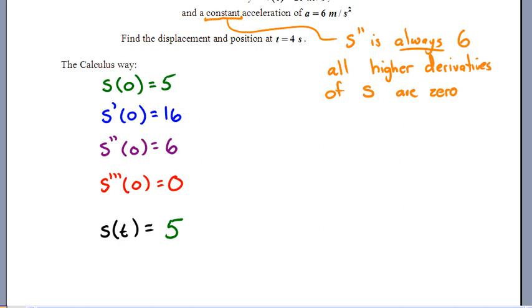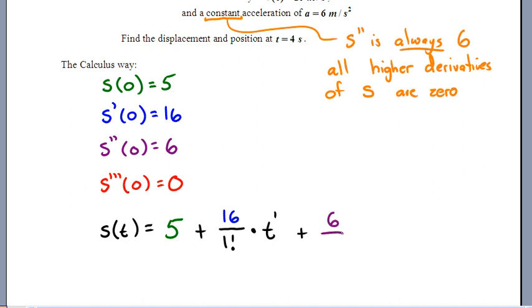Then we would add on that blue 16 divided by 1 factorial, which is just a 1, times t to the first power. Then we would move on to the next term. Okay, that purple derivative evaluation was 6.